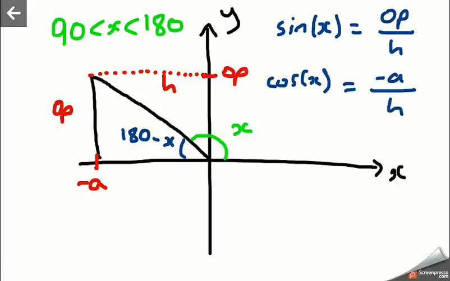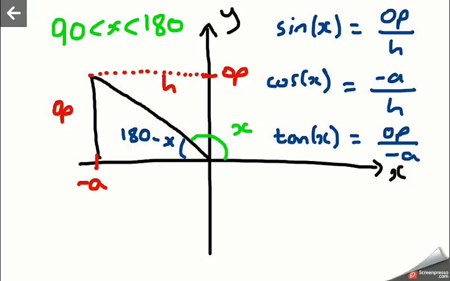Okay, finally, tangent of x is still equal to the opposite side divided by the plotted point of the adjacent side. So in this case, it's OP divided by negative A.